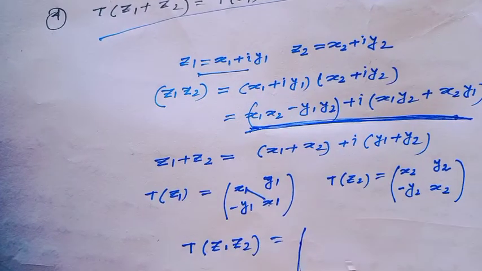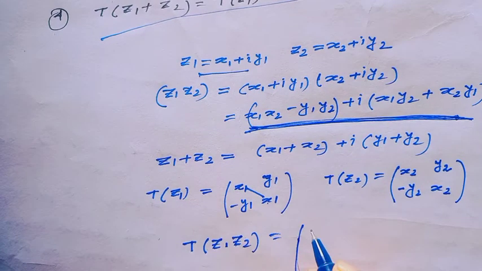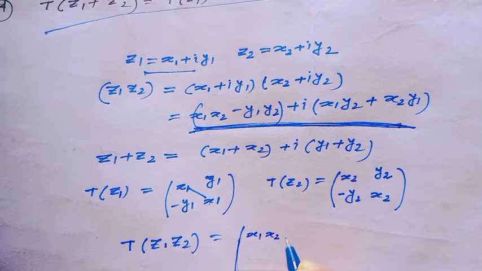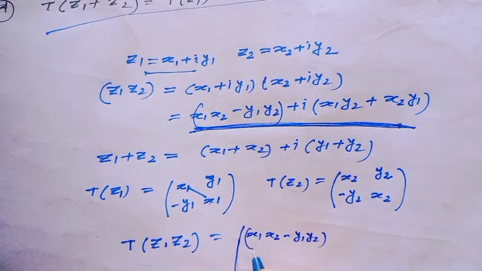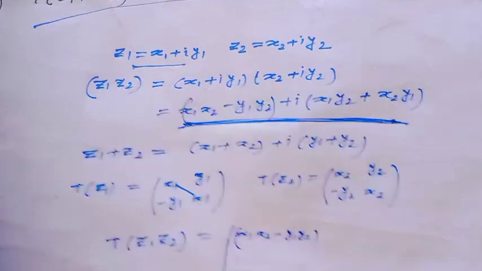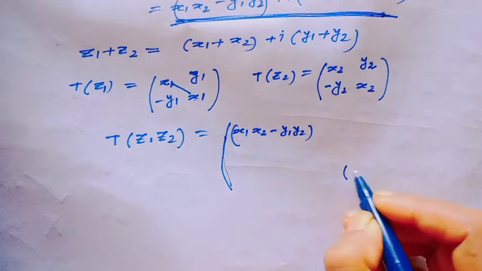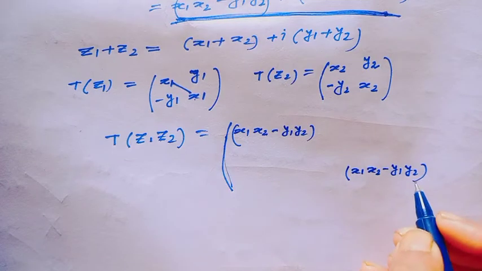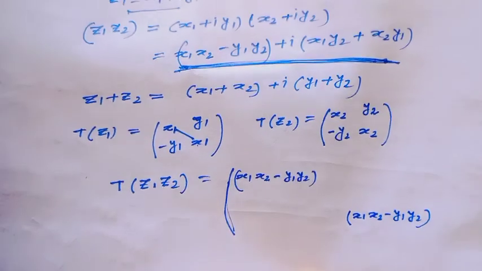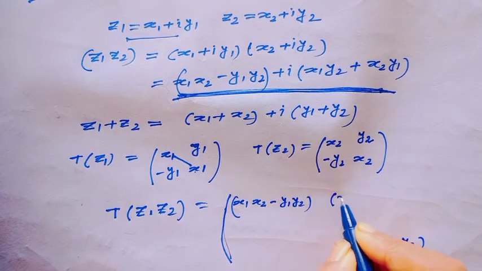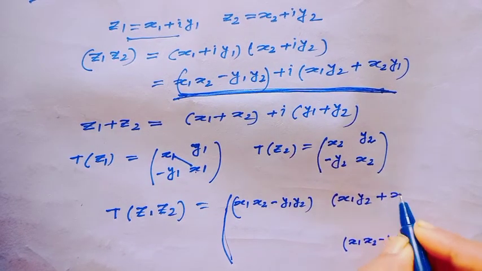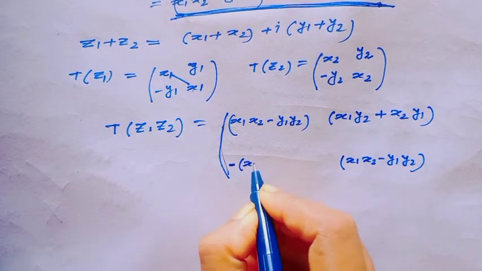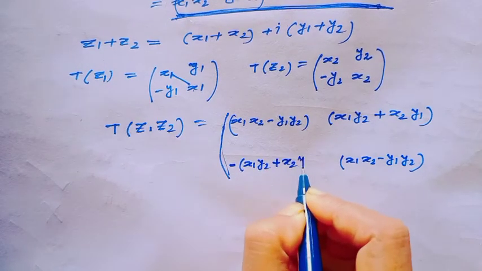By this expression we can tell the linear transformation would be x1 x2 minus y1 y2 along the diagonal, x1 x2 minus y1 y2, and along the off diagonal x1 y2 plus x2 y1, and here minus times x1 y2 plus x2 y1.